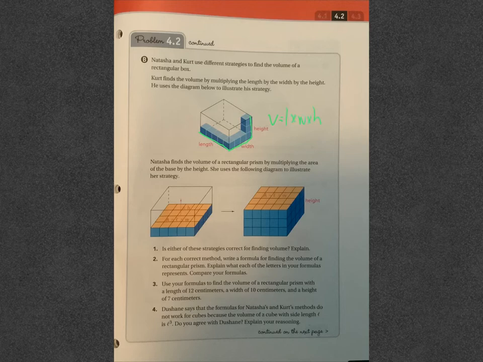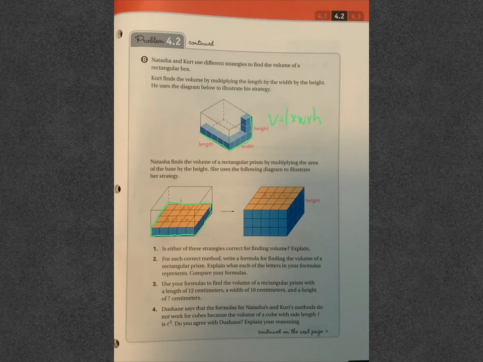Natasha finds the volume of a rectangular prism by multiplying the area of the base by the height. She uses the following diagram to illustrate. So similar to the way that box was filled, what Natasha is doing is looking just at this one layer.